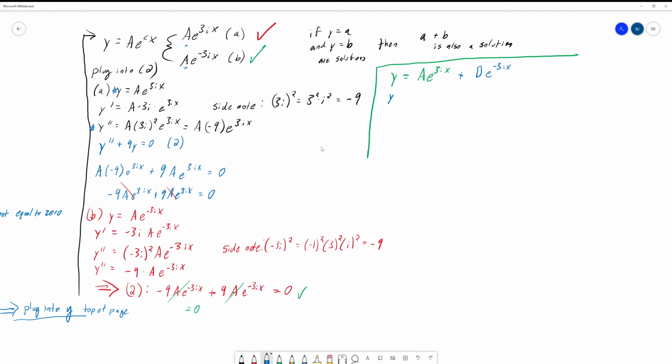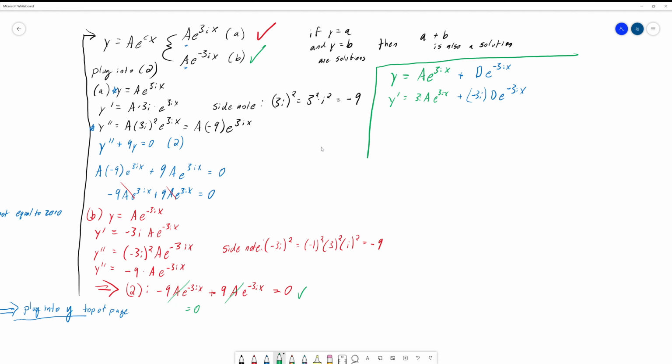Well, let's take derivatives. I guess I'm a little biased towards green here, but the derivative of y is going to be 3i times a times e to the 3ix plus the derivative of this with respect to x, which is going to be minus 3i times d. Again, d is just a number, just like a is just a number.